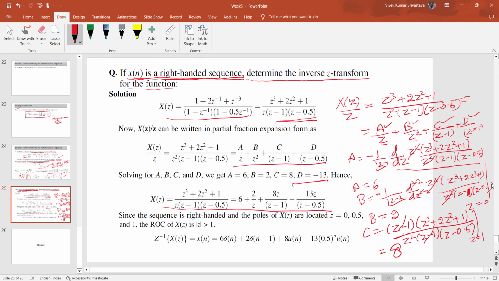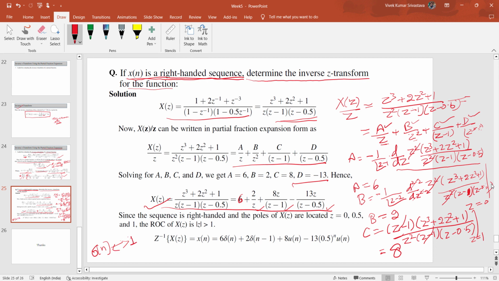Now by using the inverse z transform of these known functions, we can easily evaluate the inverse z transform of the overall function. For 6, we know that corresponding to delta of n, the z transform is equal to 1.